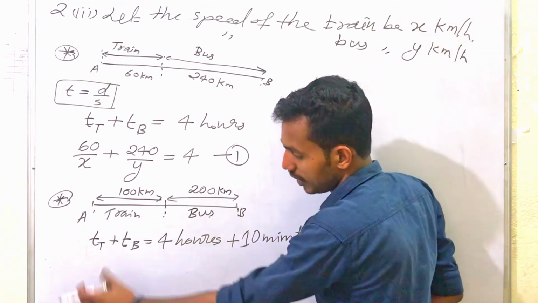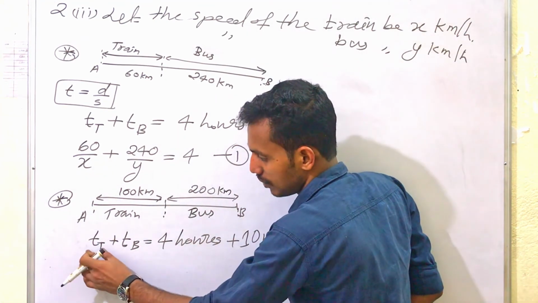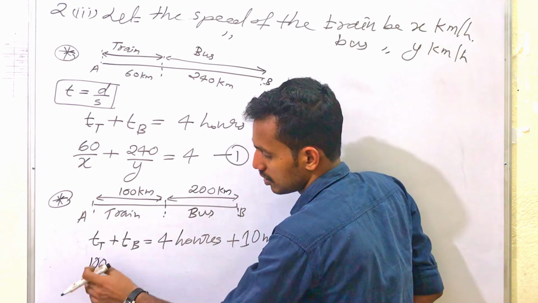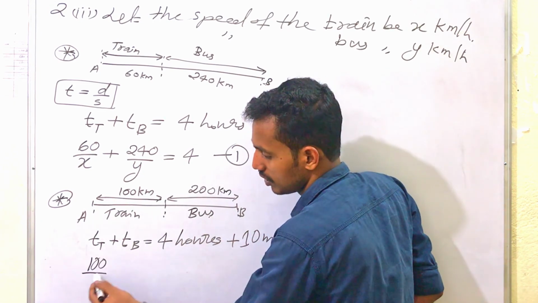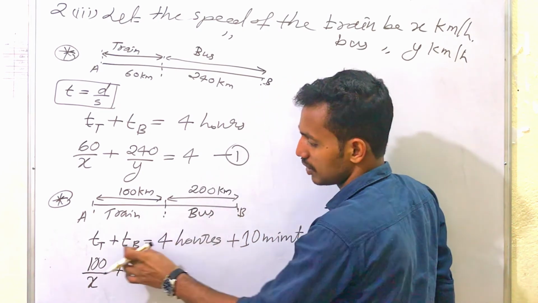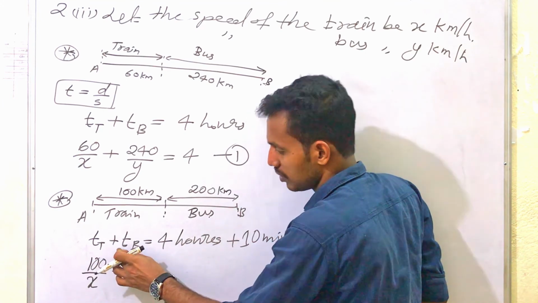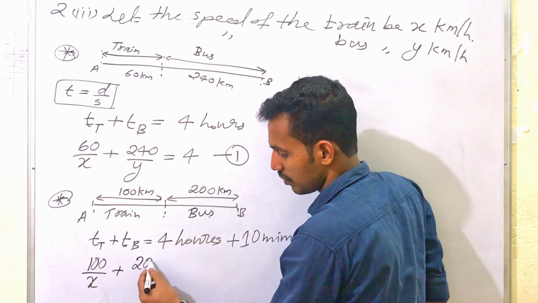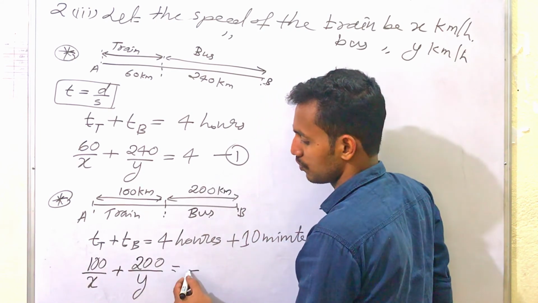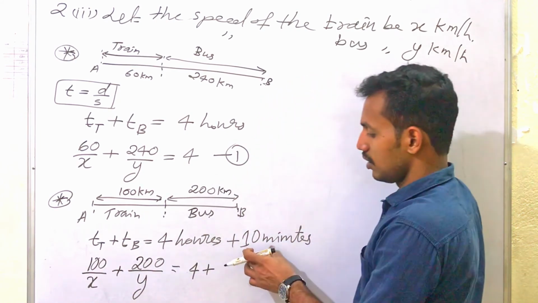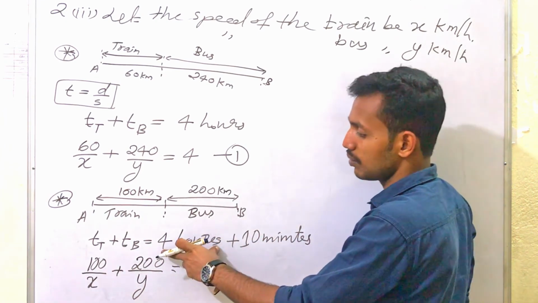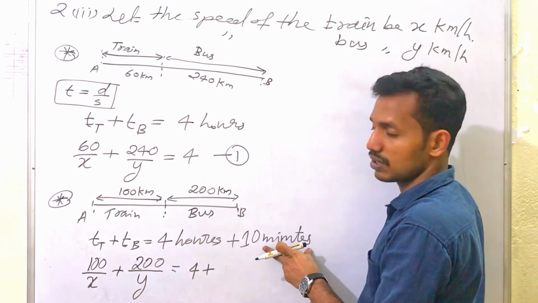Clear? What will be the time taken by the train? In this case, 100, the distance traveled in train, divided by the speed of the train, plus the time taken by the bus, which is the distance traveled in bus divided by the speed of the bus, is equal to 4 plus 10 minutes. Here one part of the time is given in hours and one part is given in minutes.